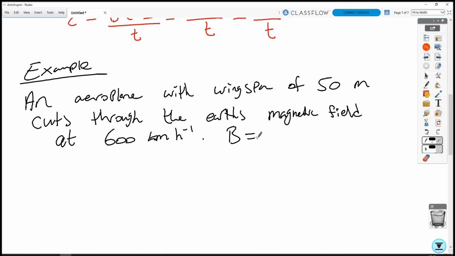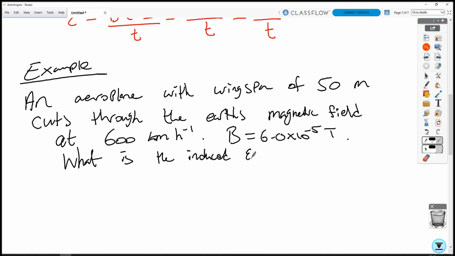The flux density is equal to 6.0 times 10 to the minus 5 Tesla. What is the induced EMF in the plane?